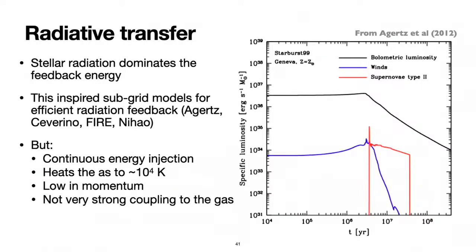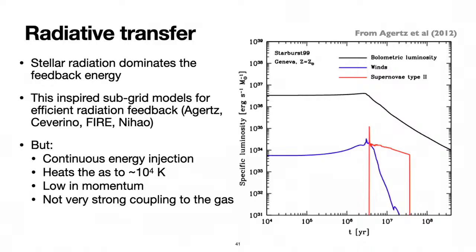So anyway, people have been exploring those additional feedback mechanisms at the same time in relatively high resolution simulations, but keep in mind typically parsec or maybe even a bit more than that, 10 parsec. So now if you consider the energy coming from a stellar population from three feedback mechanisms, supernovae, stellar winds, and radiation, you actually find that most of the energy is coming from radiation by far.